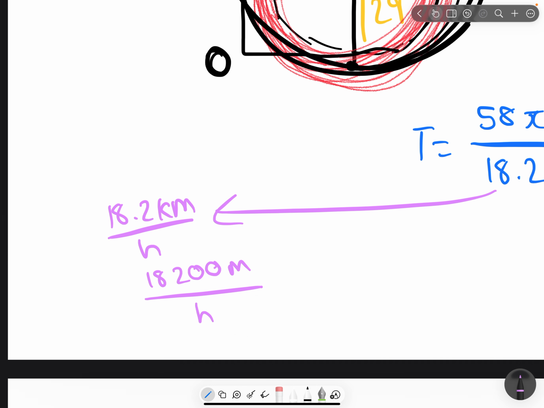We could convert that into centimeters. We know 1 meter is 100 centimeters. So we could just multiply 18,200 by 100, which gives us 1,820,000 centimeters per hour.